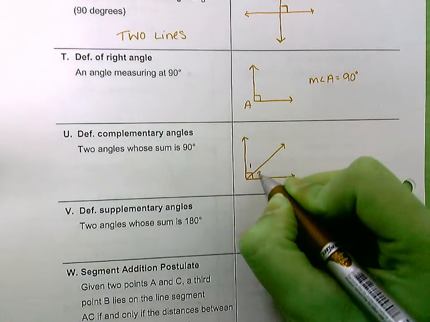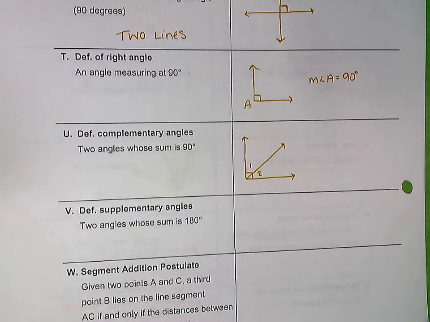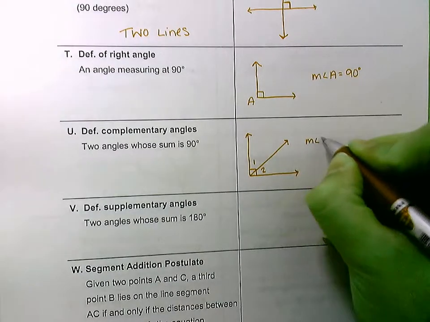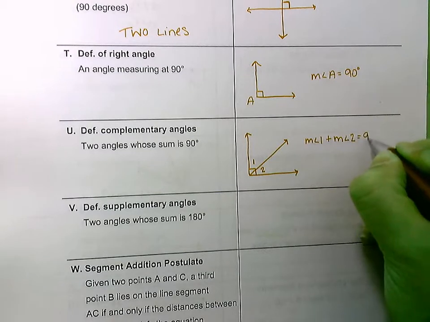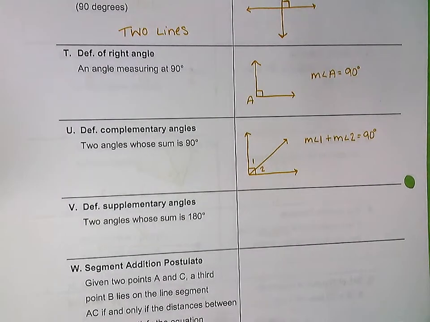I'll label them 1 and 2. I didn't say that it bisects that angle, but the measure of angle 1 plus the measure of angle 2 will equal 90 degrees. Two angles that add to 90 is the definition of complementary angles.